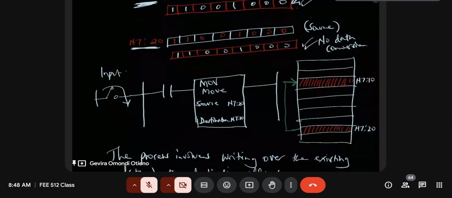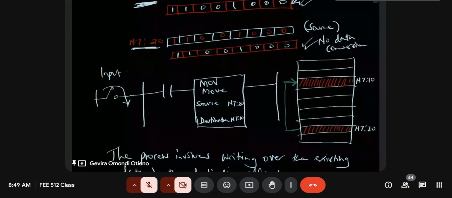Now, the other thing that maybe I mentioned as I finish this portion of the move, before we move on to the masked move, is that the move instruction or the move command may have certain input conditions. When you're programming it, you might have certain input conditions that precede it, or you may just program it unconditionally.